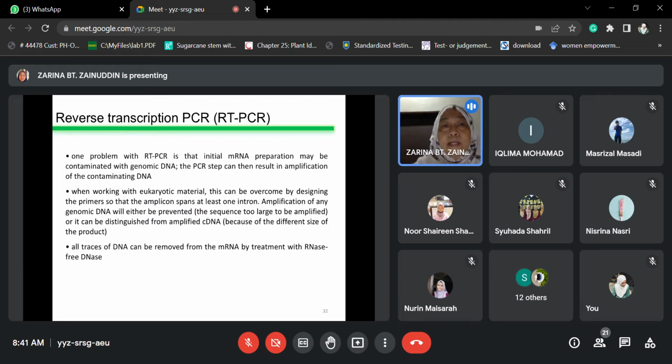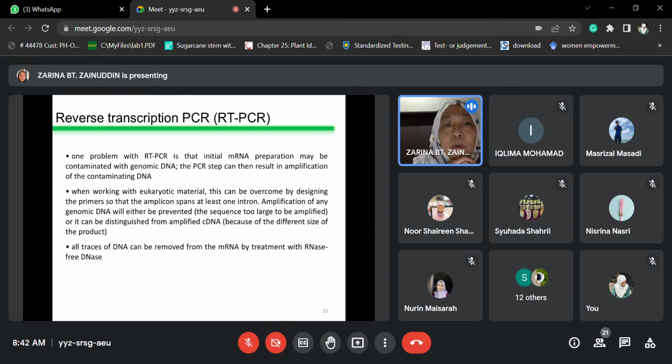Okay, but the problem with reverse transcription using the mRNA preparation is that the RNA can be contaminated with genomic DNA also. So the PCR can also result in amplification of the contaminating DNA.